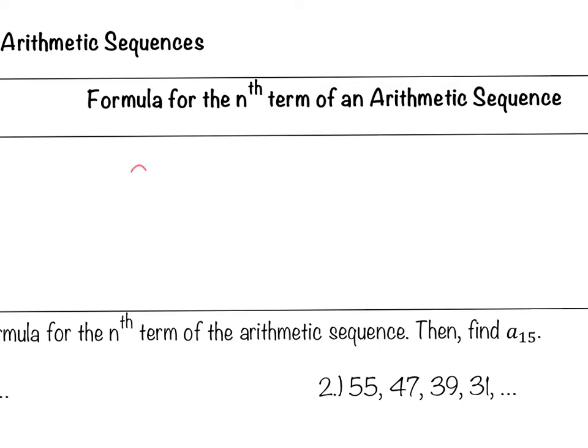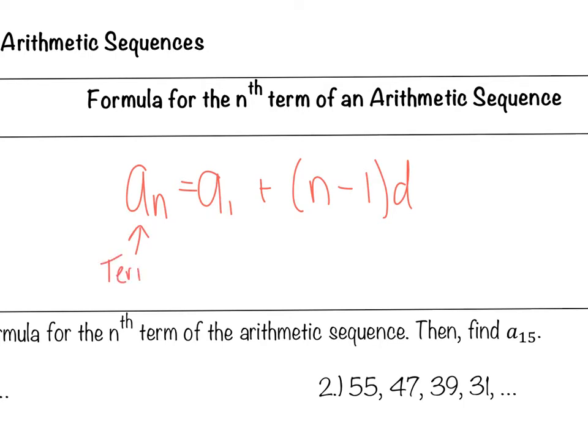So what it is: a sub n equals a sub 1 plus n minus 1 times d. Some of these you should be familiar with. We used them in the last lesson. A sub n is going to be the actual term itself, whatever the answer is. A sub 1 is the first term.